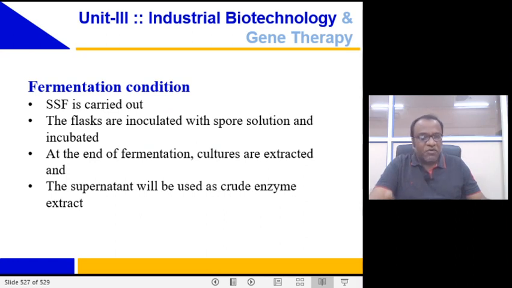In the fermentation process, SSF is carried out for low value enzymes, and for high value enzymes, of course, it is submerged fermentation. Then the flasks are inoculated with spore solutions and incubated, and at the end of fermentation the cultures are extracted, and the supernatant is used as crude enzyme extract.